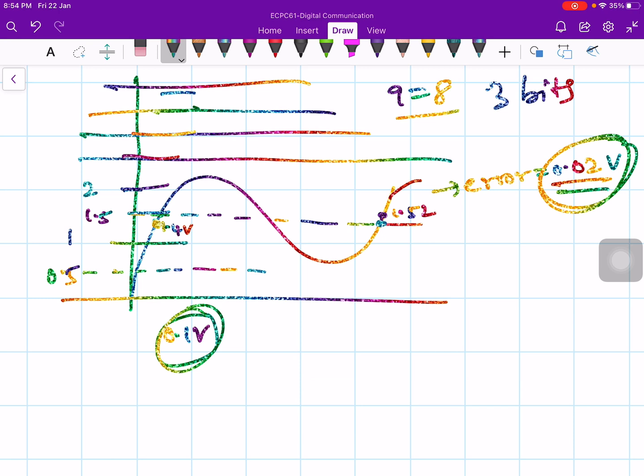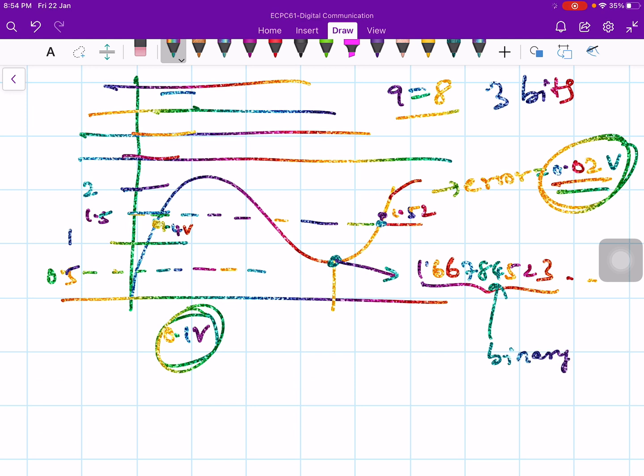Suppose you sample, and this sample value is, let's say, 1.66784523, and it keeps on going. How do you represent this in binary? You need a huge number of binary bits, which means a huge number of pulses, which means the bandwidth will be very large.